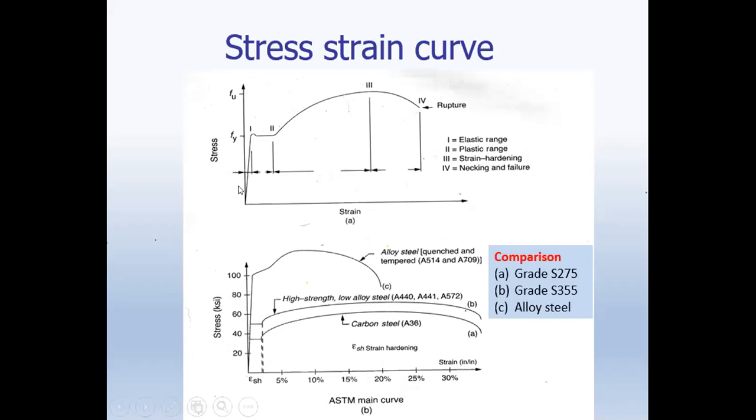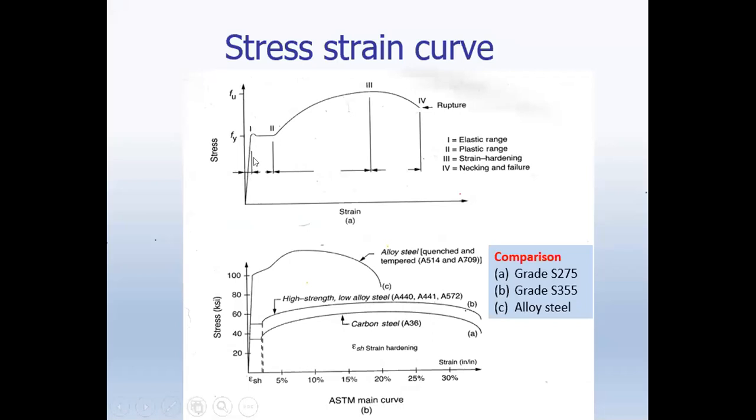That means the stress is proportional to strain, or the stress is proportional to deformation. And once the load is released, the material will go back to its original form. That is, deformation is not permanent. This means that in the elastic range, deformation is not permanent.